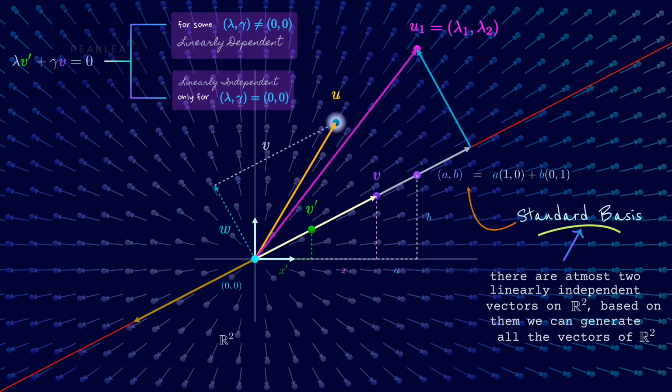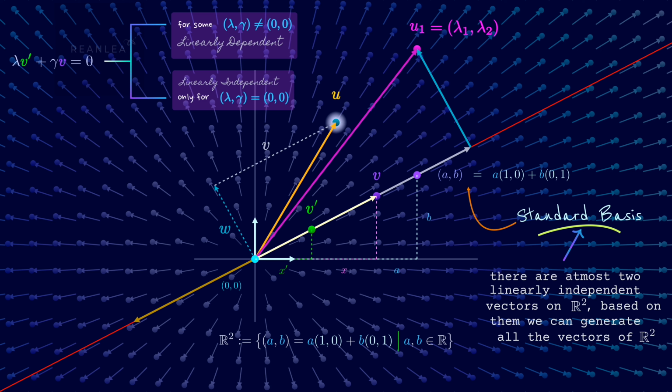Since the vector AB is an arbitrary one in R2, therefore R2 can be expressed as a collection of such tuples AB, which is A times the unit vector 1, 0 plus B times the unit vector 0, 1, where A and B are real valued scalars.